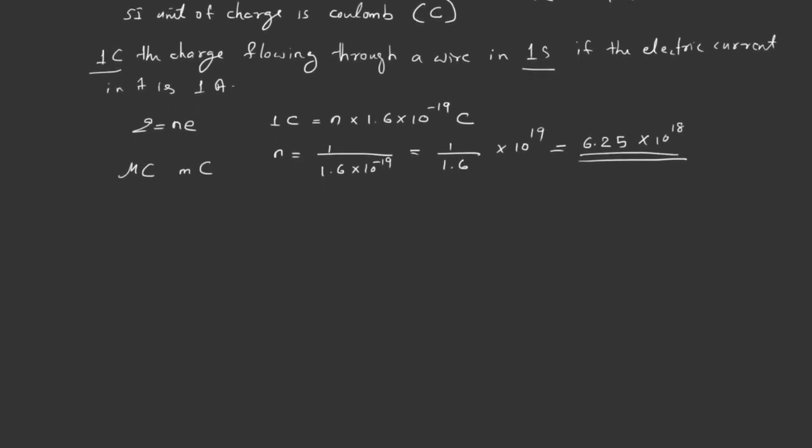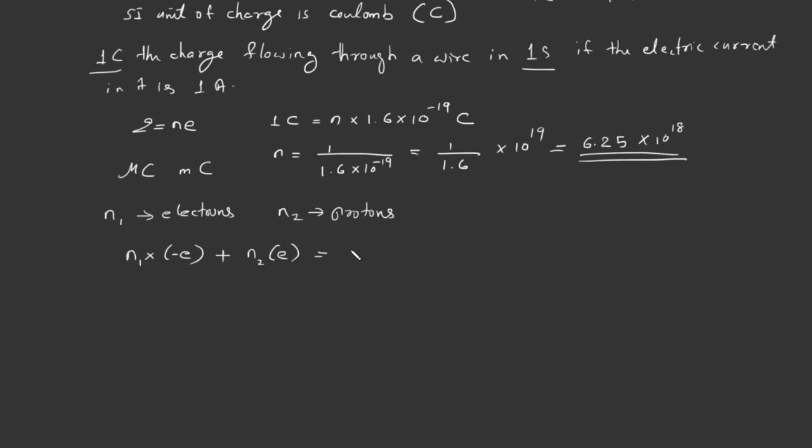Let us understand one more thing. In this case, let a system consist of n1 electrons and n2 protons. So what is the charge of electrons here? n1 into minus e. And what is the charge of protons here? n2 into e. So the total charge is equal to n1 into minus e plus n2 into e.